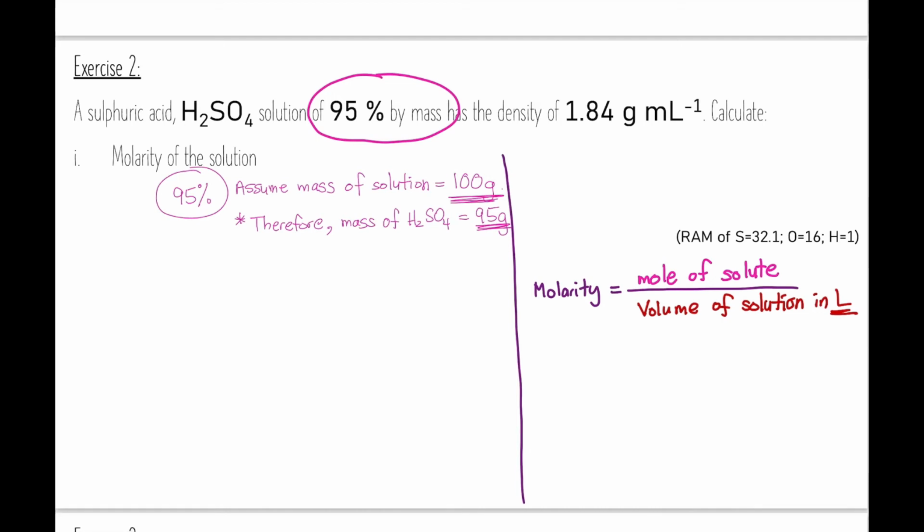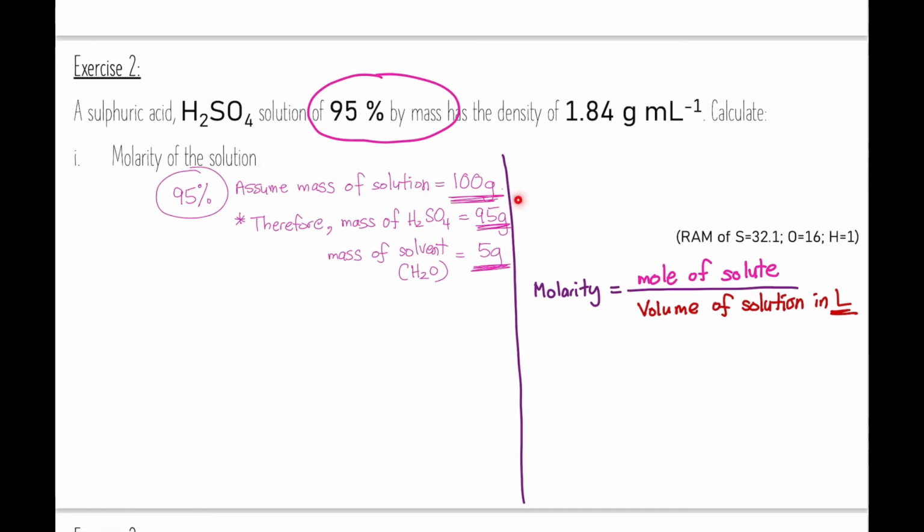Remember that H2SO4 is the solute here, while the mass of solvent, which is usually H2O or water, is 5 grams. This will result in the total of mass of solute plus mass of solvent, 100 gram, as the mass of solution.